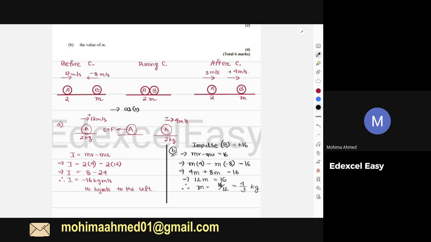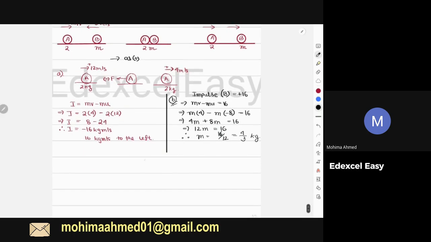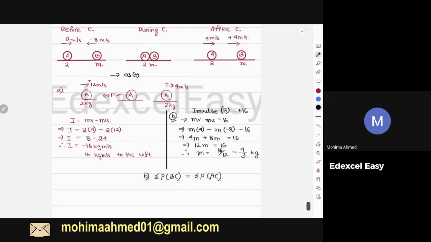But you can also solve part B in this reference, that the sum of momentum before collision equals the sum of momentum after collision. But over here, it will be better to use the impulse method, because to give you an indication about impulse, that's why they ask you to calculate impulse at the first stage. They wanted you to use the impulse for part B. That's why they have given you the impulse in part A, and it should be better for you to use that impulse and then calculate the mass using it.